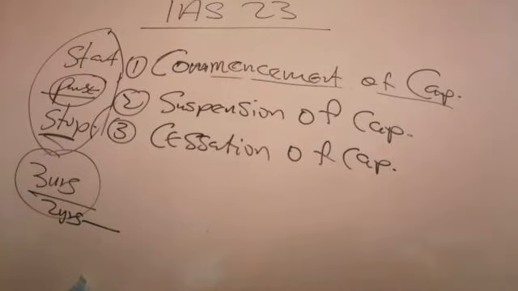Expense it. Why? Because all the activity substantially to prepare the asset for its intended use or sale has been completed. We are done. So cease the capitalization of the borrowing cost.